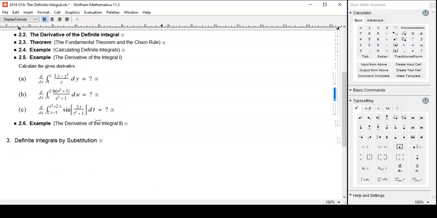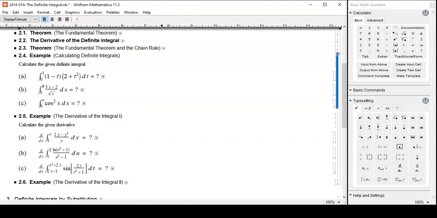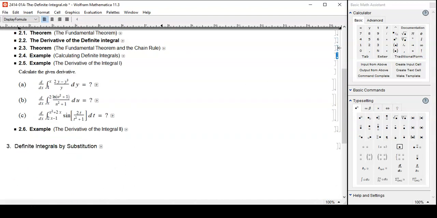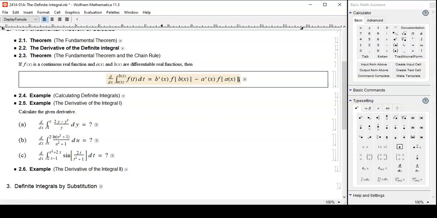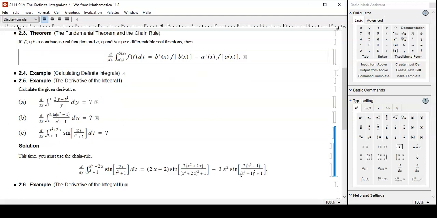Now here's something more challenging. How do you do that? Well, that's gonna be, no, not this. This. Plug in the top, plug in the bottom, and then multiply the derivative. Alright? Plug in the top expression like this, plug in the bottom expression like that, and then the derivatives, this and that, like this.